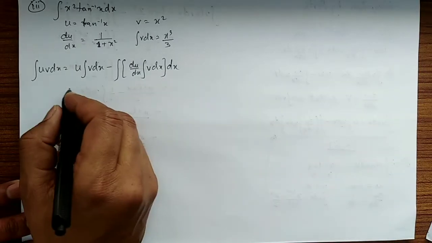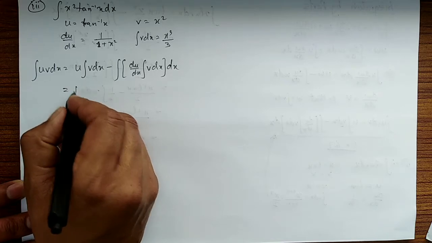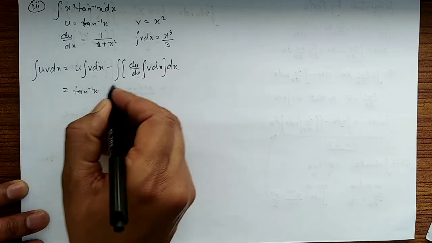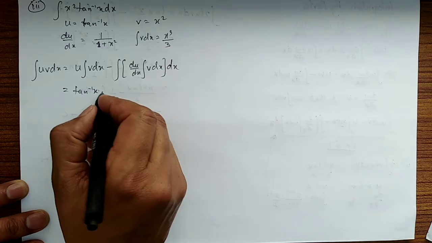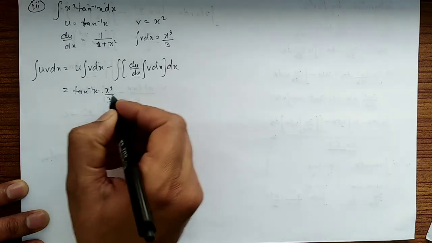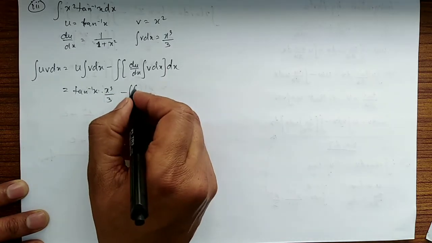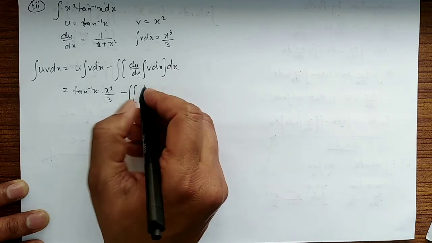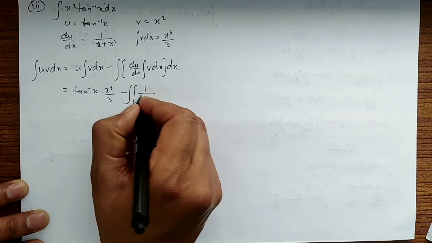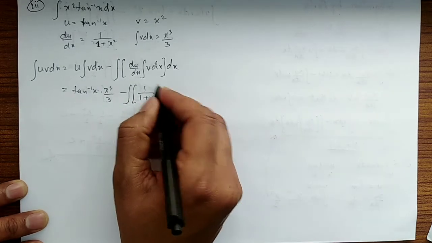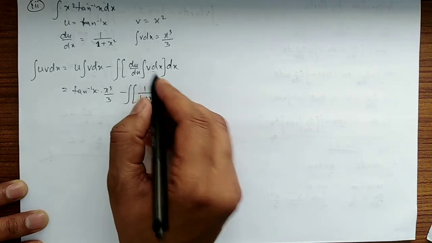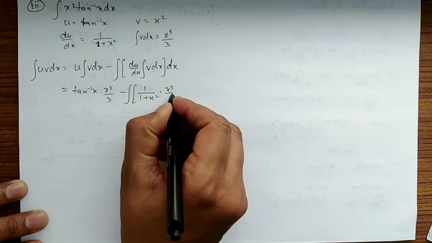So now putting the values, what is u, that is tan inverse of x, the integral of v, that is x cube upon 3, minus the integral of du upon dx, that is 1 upon 1 plus x square, and the integral of v, that is x cube upon 3.